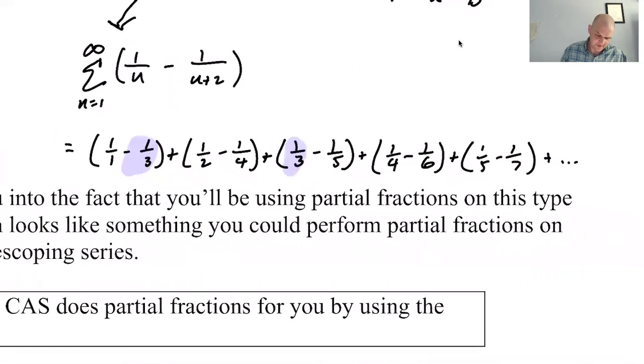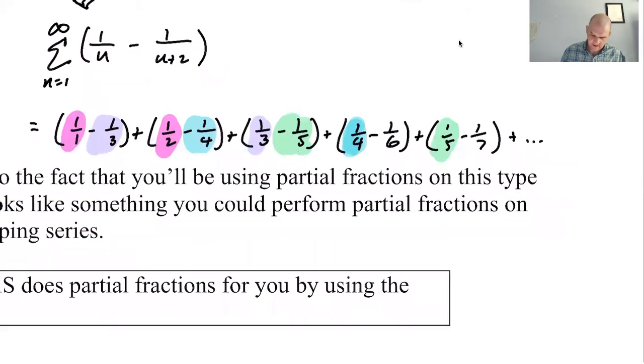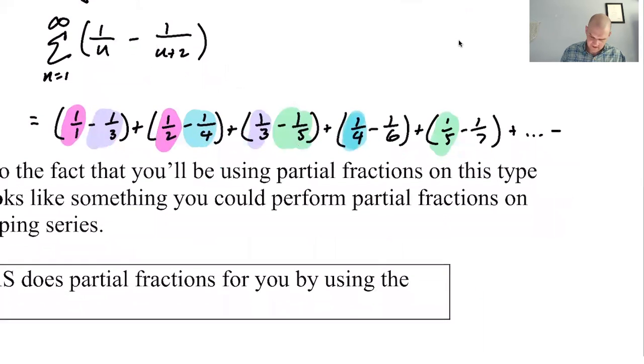Definitely what we thought was going to happen has happened. Minus 1/5, and then this will knock it out, and it's just going to keep going forever. So what are you finally left with? This will never cancel. This will never cancel. So this whole thing is going to be equal to what is happening there.